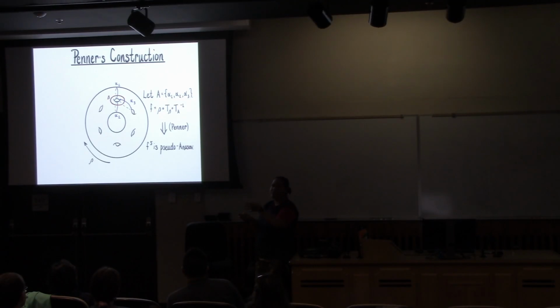Here my shift rho is taking every genus and clicking it over by 1, okay? And it's a result of Penner that if I raise this to a high enough power, so that as I click around I'm filling up my surface with these simple closed curves, my resulting map is pseudo-Anosov, okay?